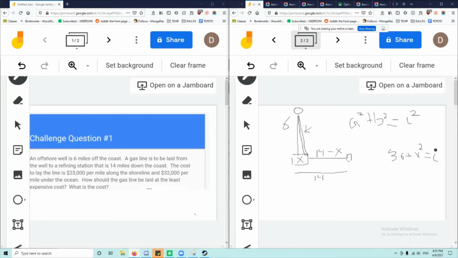So we know that the length of this would be equal to radical 36 plus x squared. After we do this, we can come up with an equation.